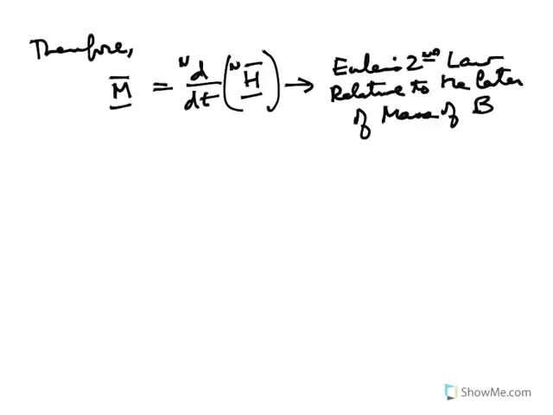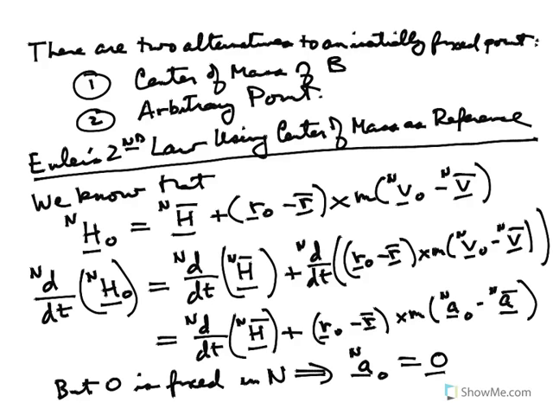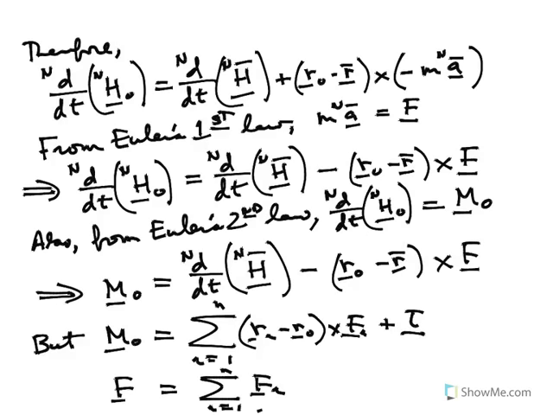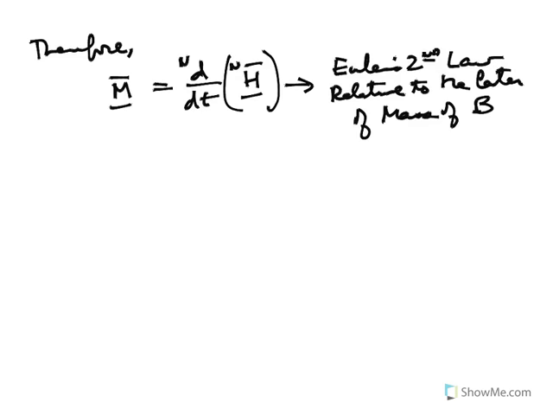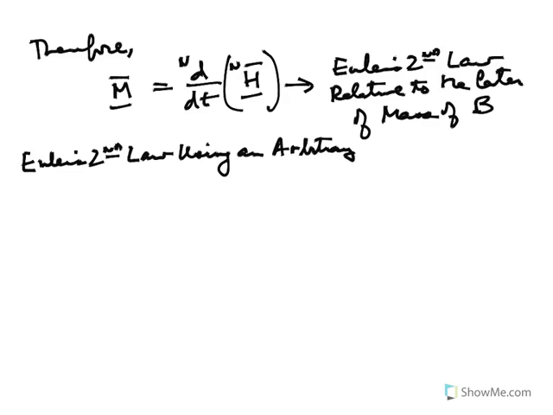The next is, just like we did over here, we said Euler's second law using the center of mass as the reference. Now we're going to do Euler's second law using an arbitrary reference point. Now, what do we get in this particular case?